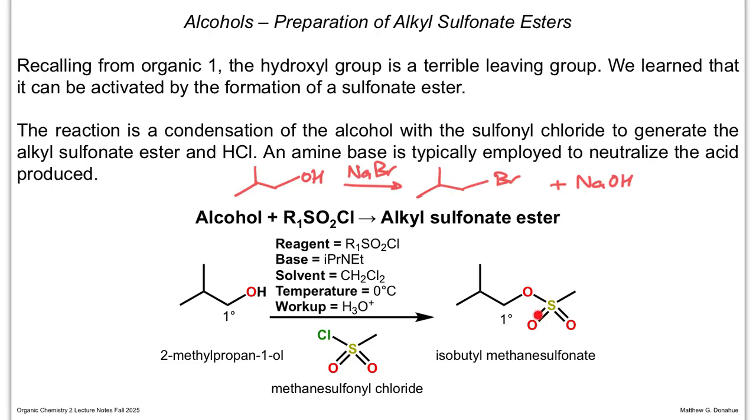So the H has become this big group here. And now overall, that whole thing, including our alcohol oxygen, is a good leaving group. And that allows us to access a starting material that we can do SN2 chemistry with.